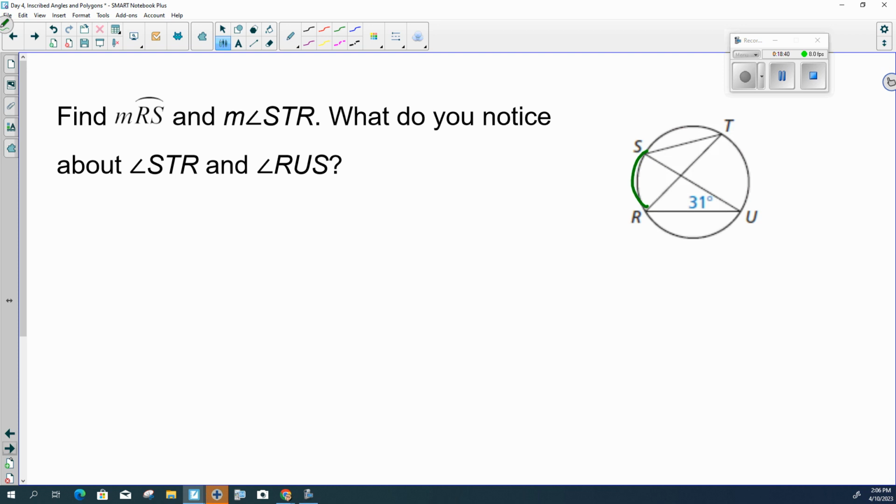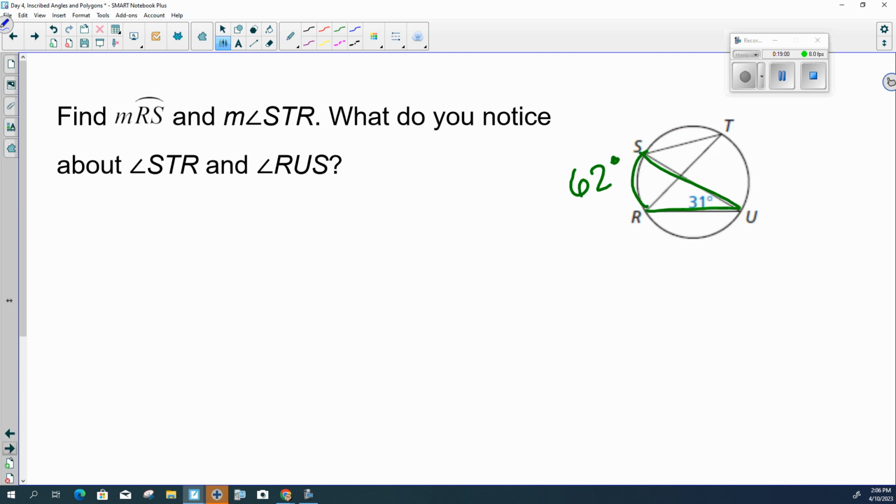Yep. 31 times 2. Perfect. This is an inscribed angle, so it's going to be half the measure of its intercepted arc, but we're going the other way. We're doubling it.